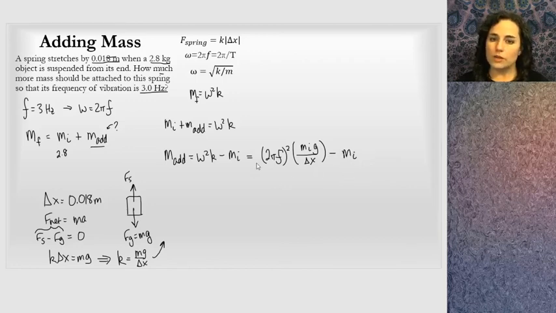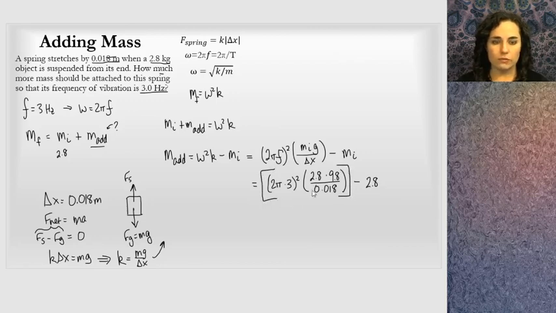And it seems like I'm ready to plug numbers in. I know everything in here. 2 pi times 3 quantity squared. M initial is 2.8. I'm going to multiply that by 9.8, divide by the displacement, and then subtract 2.8. And make sure you do all of this stuff here first before subtracting 2.8.